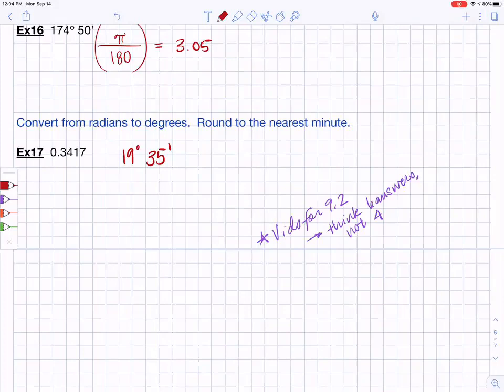Okay, so I've got a bit of extra time, which doesn't always happen. There's 2 things that I would like for us to work on. You have a choice. You can either work on some section 9.1 homework, and I will walk around and help you.